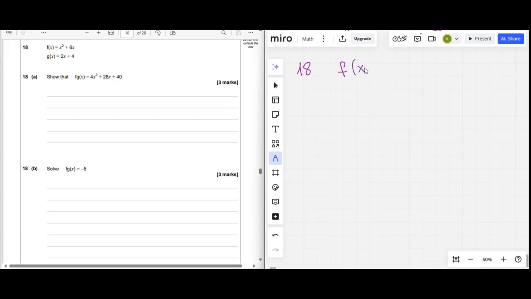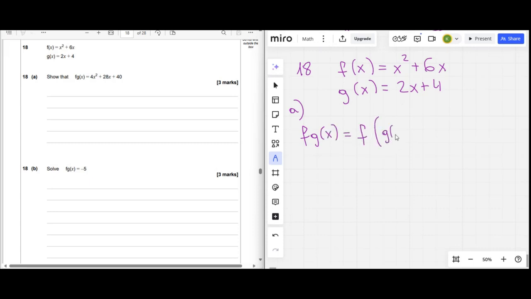We have f of x being x squared plus 6x, and we have g of x being 2x plus 4. In A, we need to show that f of g of x is 4x squared plus 28x plus 40. So f of g of x is f of, let's put that g of x over there, 2x plus 4.